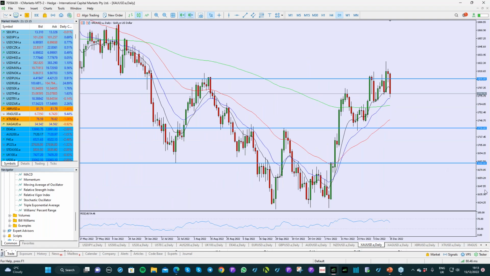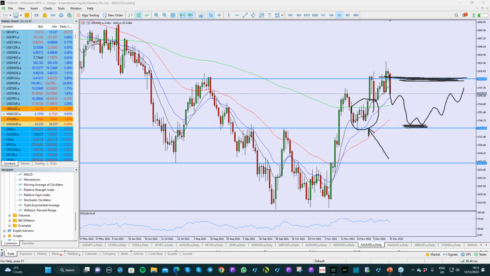If we go back to the daily time frame, if price were to fall down here and then perhaps come down further and then turn around with a double bottom or some kind of reversal price action here and start to show higher lows and higher highs again, like we saw around this area here, then I may start trading long again, despite the fact that we're actually beneath that 1800 level.